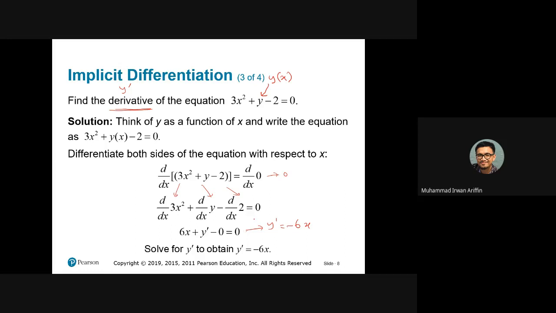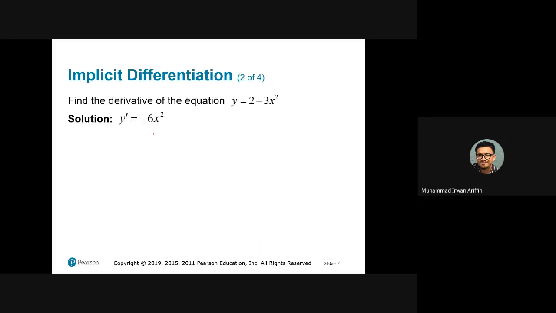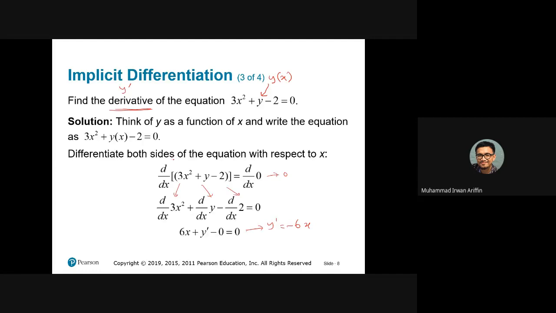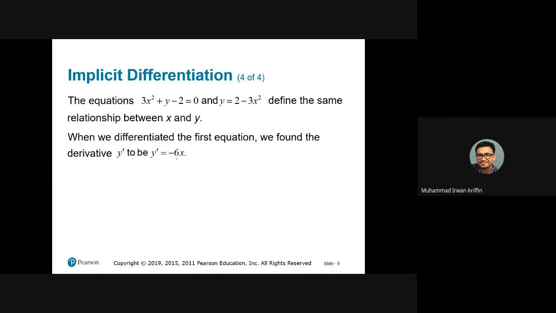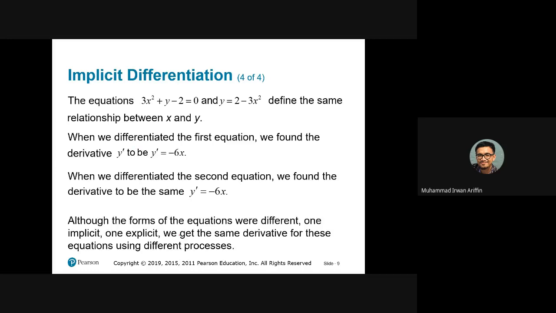Now take note, this answer and the answer from the previous slide are the same. Although the forms of the equations were different, where one is explicit and the other implicit, we get the same derivative for these equations using different processes.